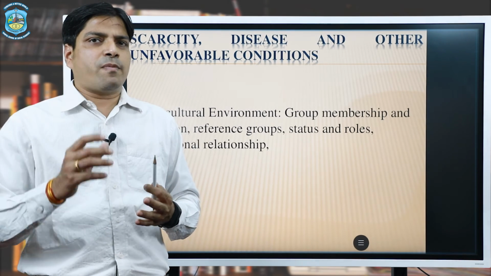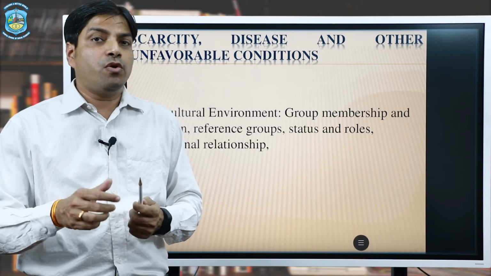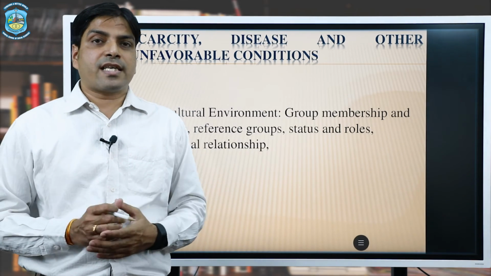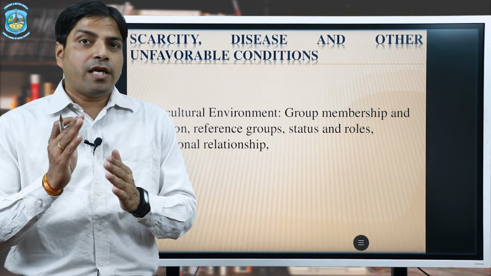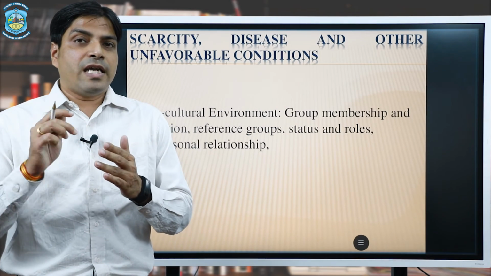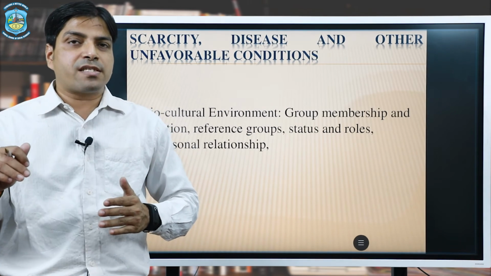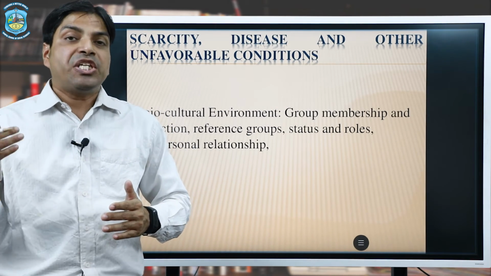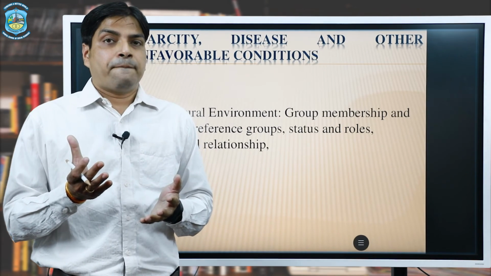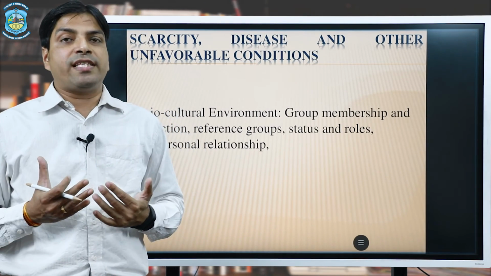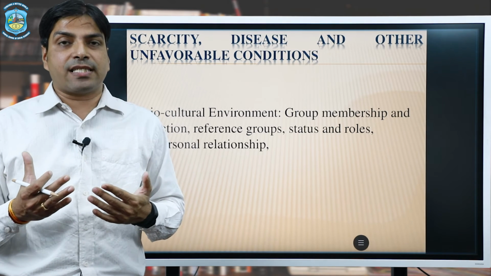Your behavior will automatically change if somebody recognizes you as a student of such and such school or such and such college. Automatically your behavior in the presence of that particular person or that particular environment changes. And at the same time, status and role: our behavior also changes according to our status.